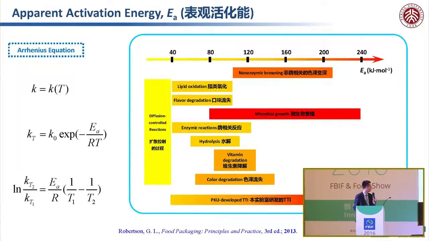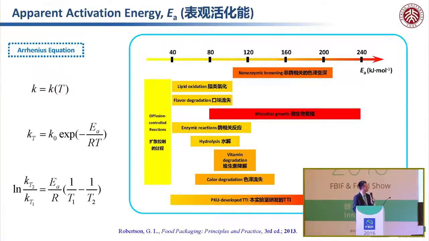For temperature sensitivity in physical chemistry, there is a parameter named apparent activation energy, or EA, that is used to describe the temperature sensitivity of the system.